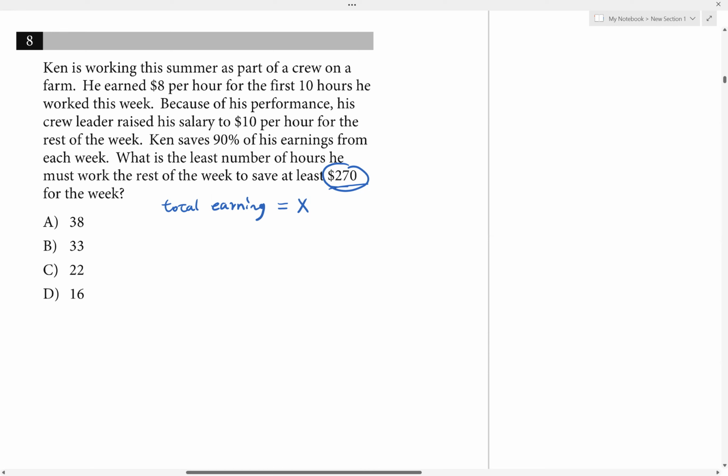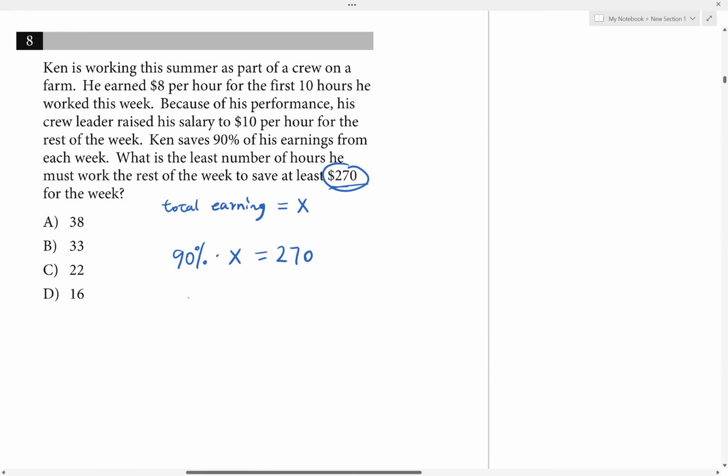The savings total that you want is $270. So we can say 90% times X should equal 270. So 90% of the total earning should equal the amount that he wants to save, which is 270. We can use this equation to solve for X, and that's how much money he will need to earn.